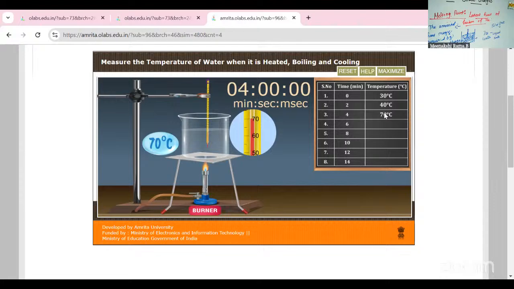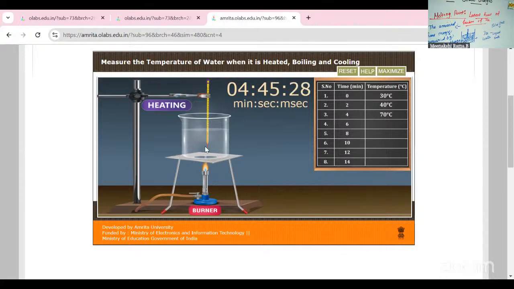Yes, 30 degrees was increased. In the first 2 minutes, only 20 degrees, and then after 2 minutes, 30 degrees Celsius was increased. So after 4 minutes, 70 degrees Celsius was reached.